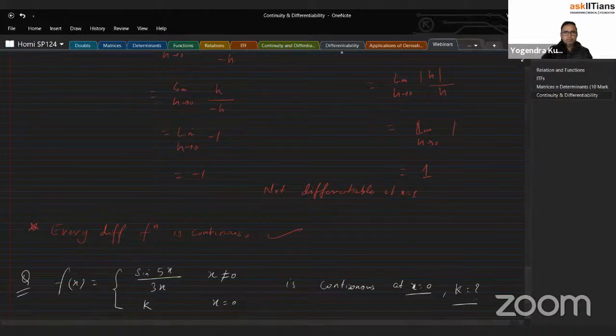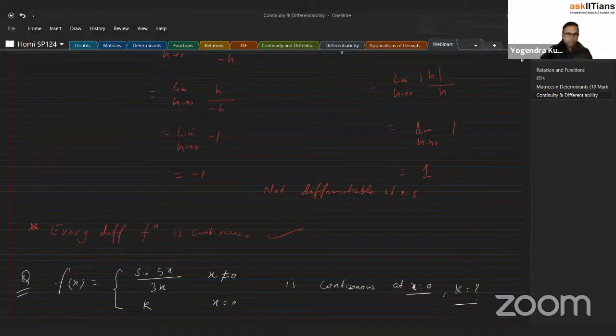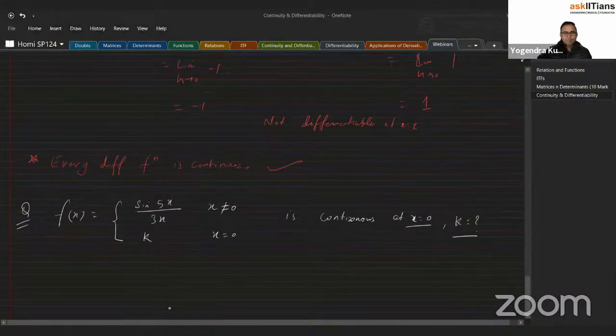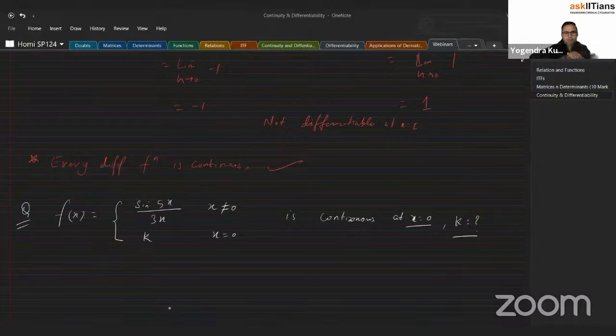Everyone should get the answer faster. Very good, Vedant. Since it is given that it is continuous, what is k?